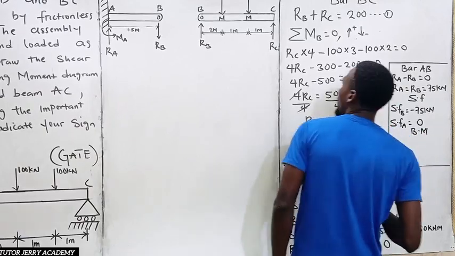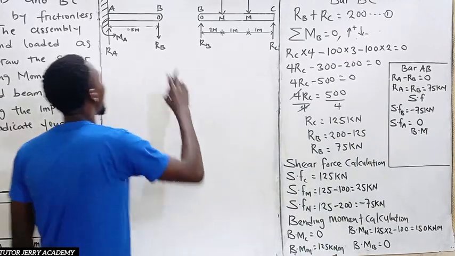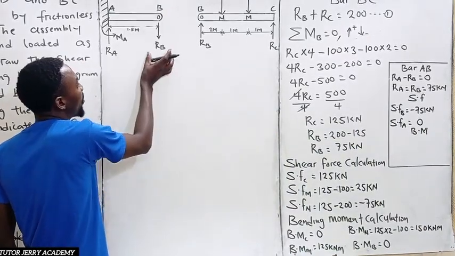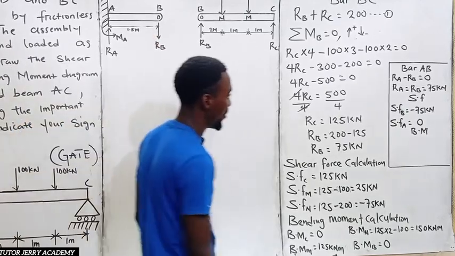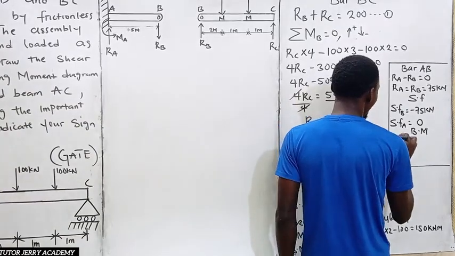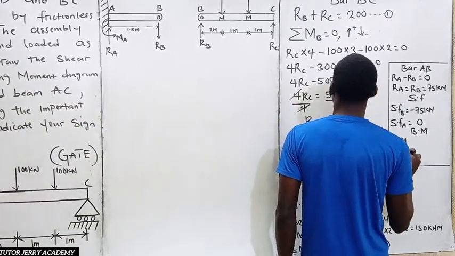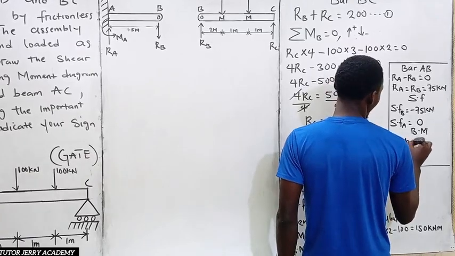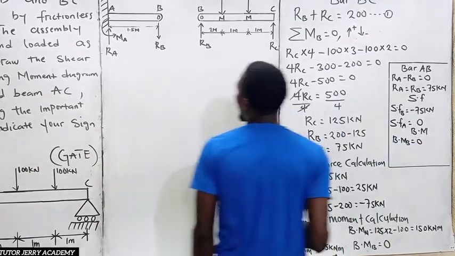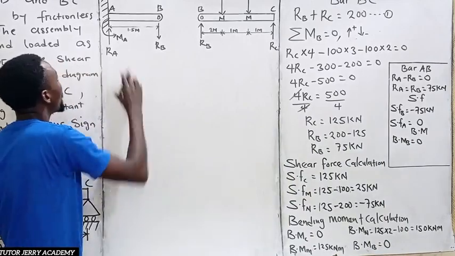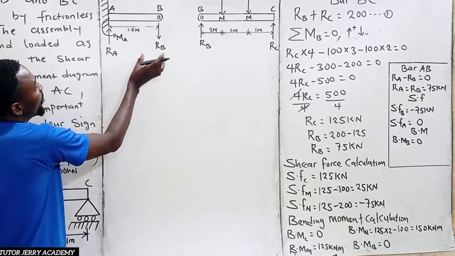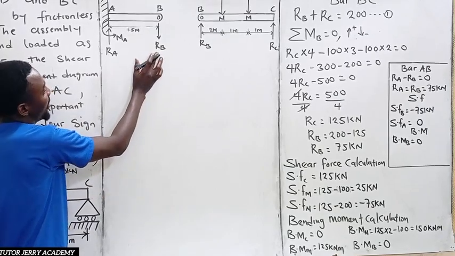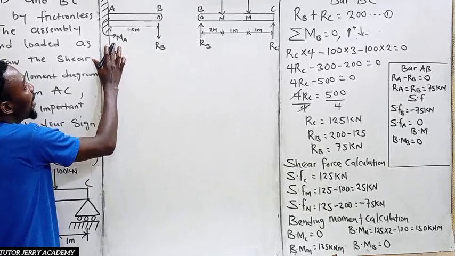The bending moment at point B is going to be equal to 0, because here we only have the force, we don't have the distance. Now if we stand at point A, the bending moment at point A is going to be RB multiplied by 1.5.